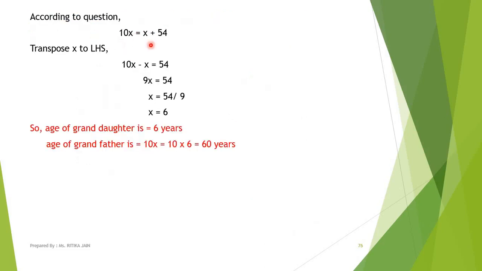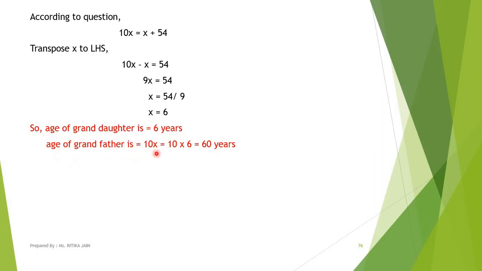According to the question, this is the required equation. Transpose x to the LHS. It will give you 9x equals 54, and on solving you will get the value of x as 6. So the age of the granddaughter is 6 years and the present age of the grandfather is 10x.